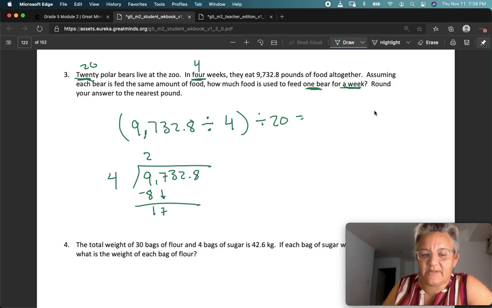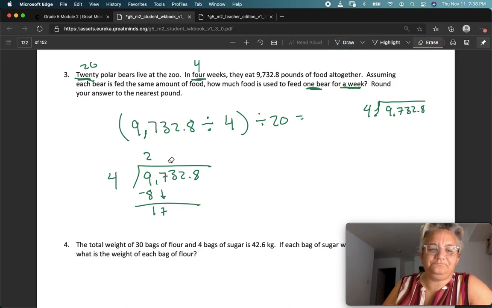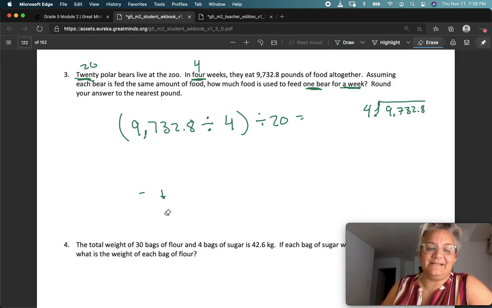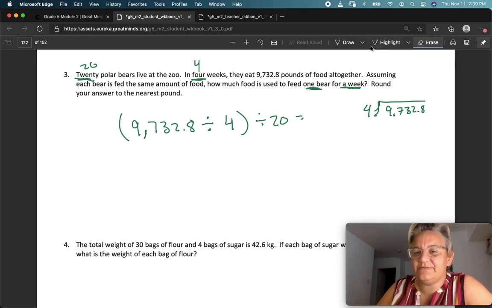I think I better write smaller and write up here. 9,732.8 divided by 4. Okay. Yeah, I'm going to run out of space immediately because there's lots of steps there. So 4 into 9, 2. 2 times 4 is 8. Then 1 remaining.